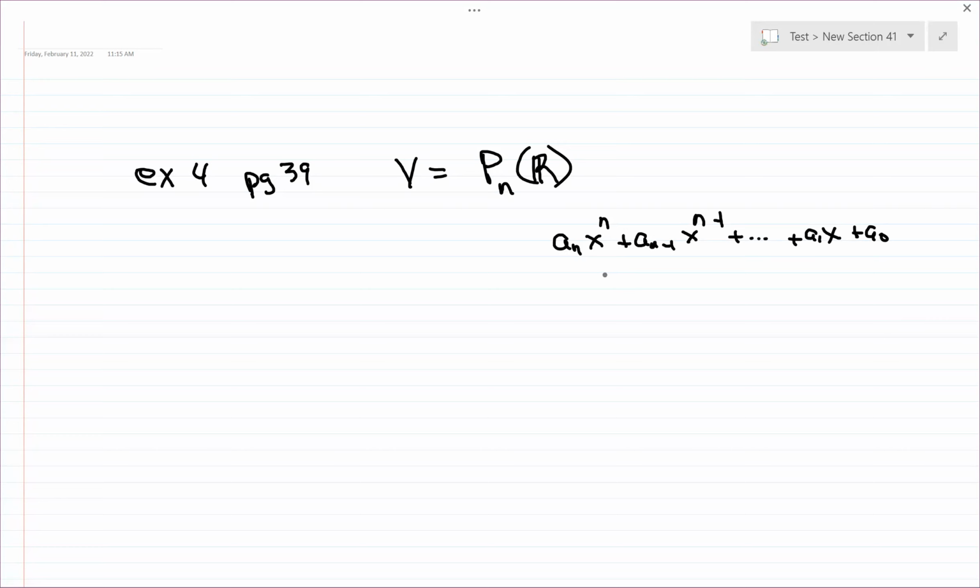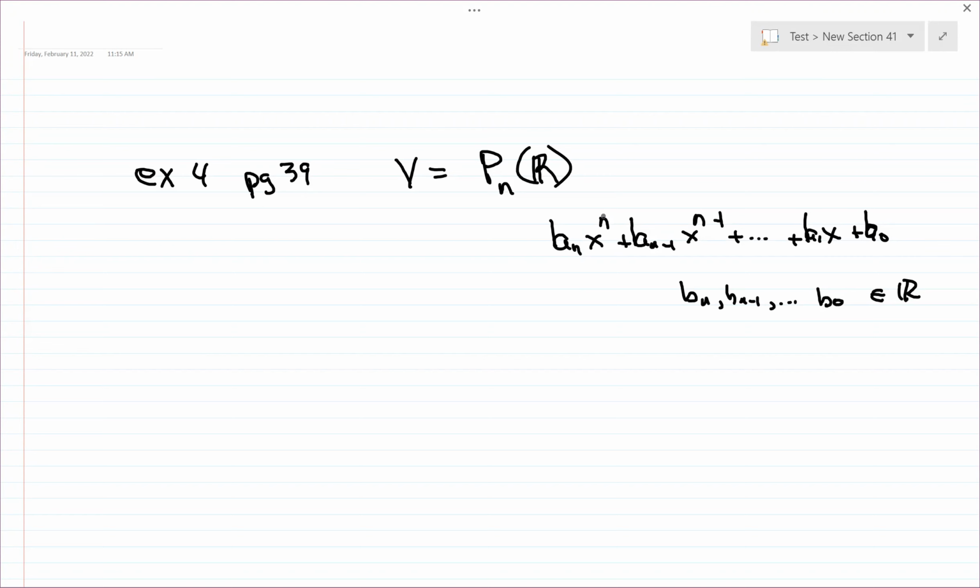Yeah, I probably should call them b's. b_(n-1) all the way down to b_0. They're all real numbers. And this would be an nth degree polynomial. That's a vector space. We've seen it before. They're asking us to look at particular vectors. The particular vectors they're asking us to look at all have coefficients 1.